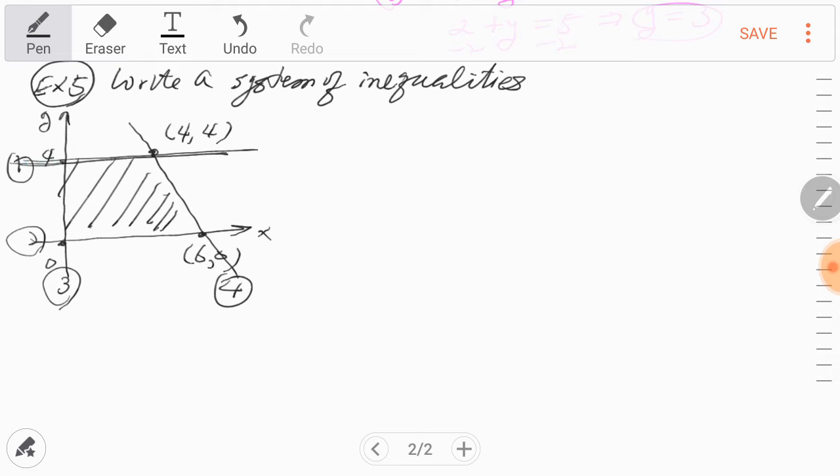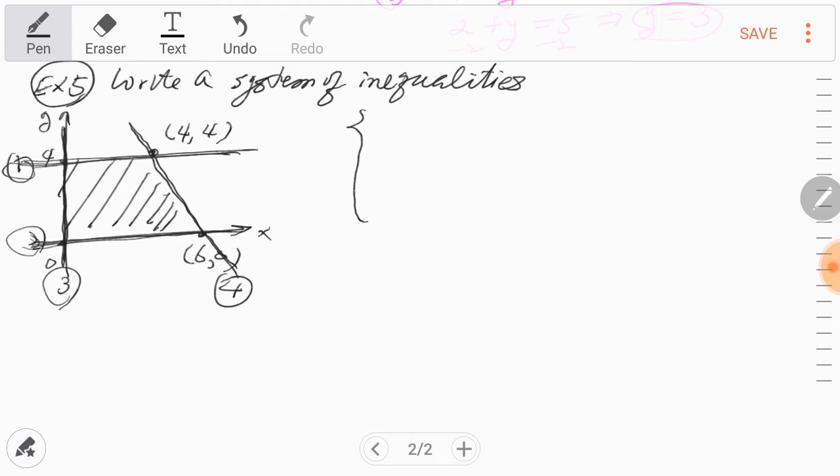Let's say the horizontal line is number 1, the y-axis is number 3, the x-axis is number 2, and this slant line is number 4. So we can write 4 inequalities.